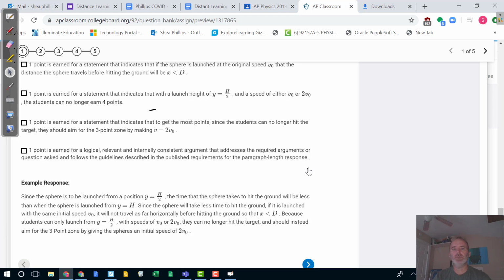I'm not going to do it with you, but you can see that this one will answer the question. It will show some basic physics behind it, and then it will draw it all together with a statement that sums up the answer: that we get 3 points if we have 2 times v0.